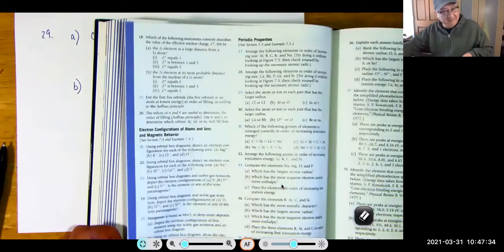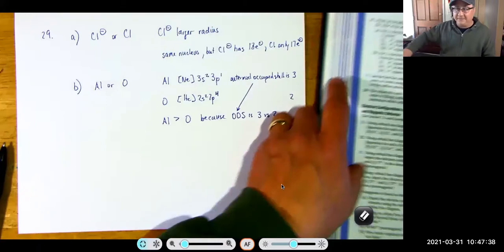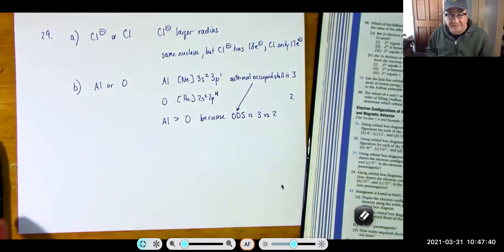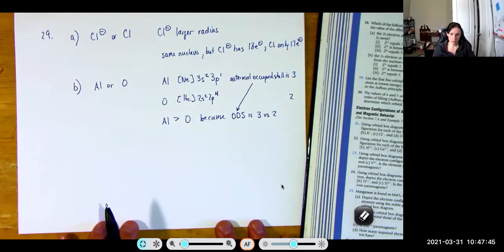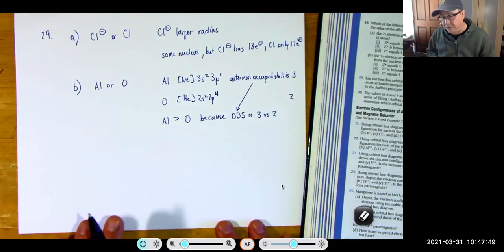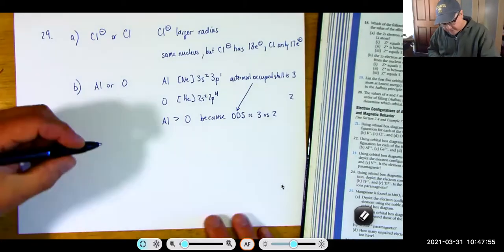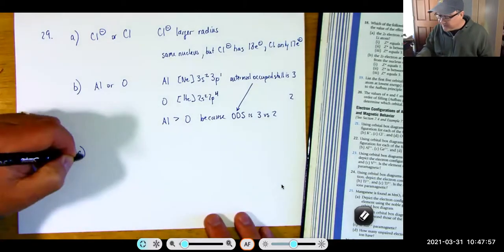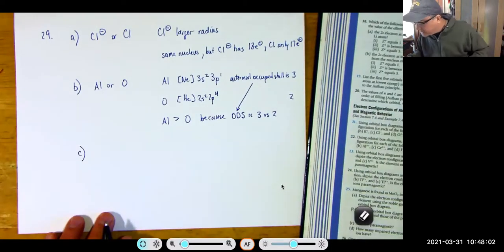No. So it has nothing to do with L. It has to do with the nucleus. More protons and neutrons? Well, it has nothing to do with the neutrons, it's the protons. Okay. So it's kind of an obtuse argument, but let's see what part C asks us, because maybe that will allow us to talk about this argument.